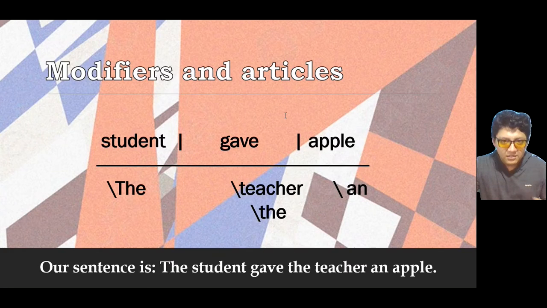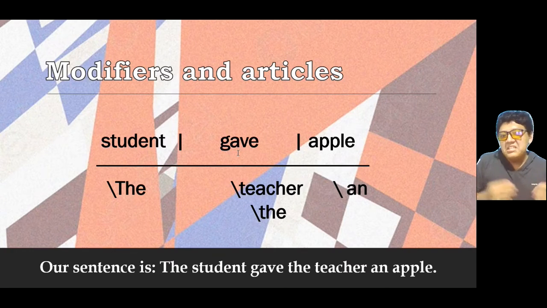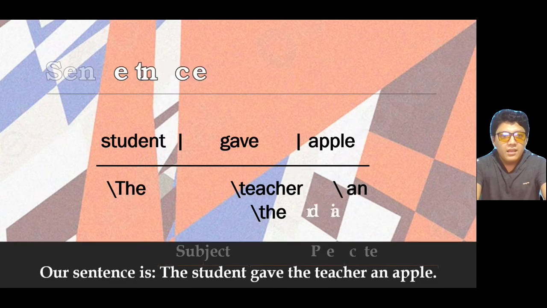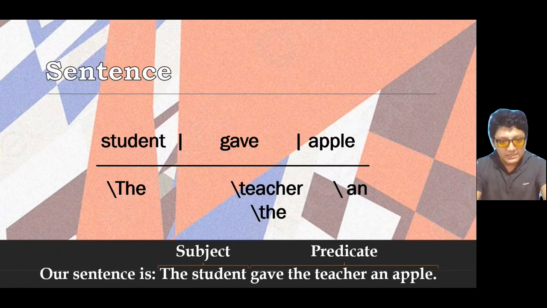The cross lines separate it, with just a short vertical line between these three words. Like so, we add the modifiers and the articles on diagonal lines beneath the words they describe. Okay, we have this, and right, we can understand the sentence.